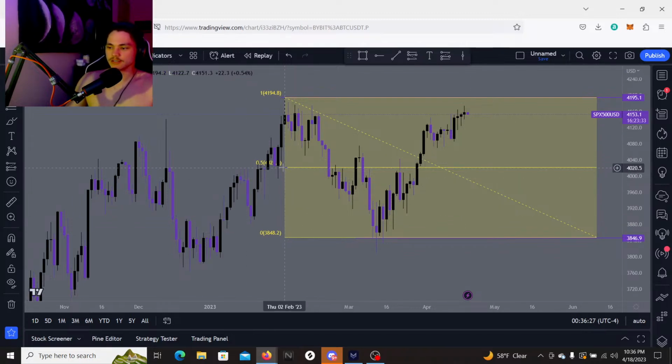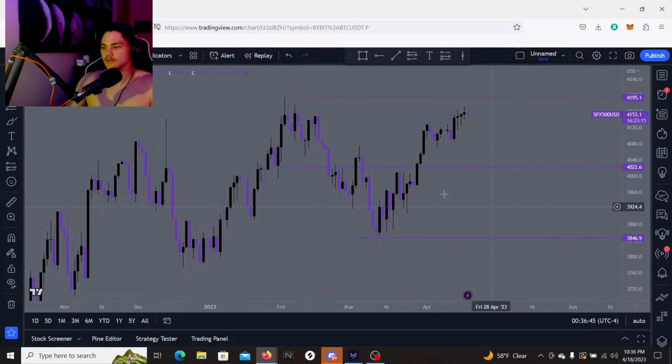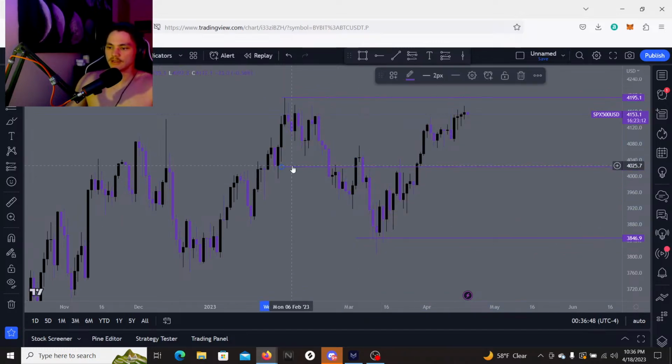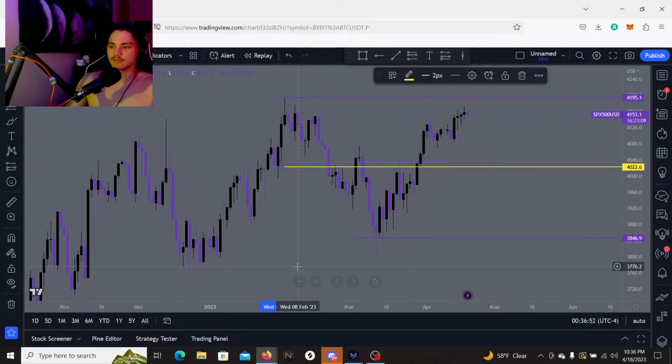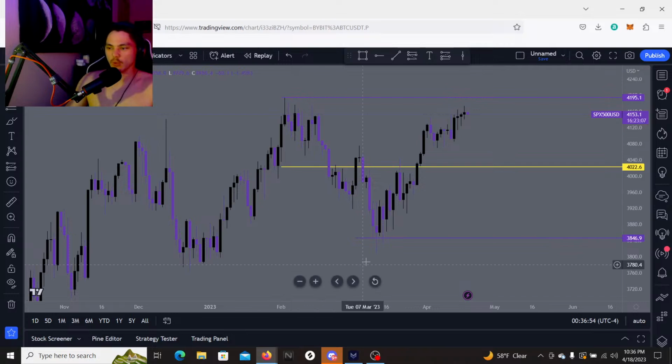We're going to leave a nice ray here at equilibrium just so we know where it is. Equilibrium, we'll change up the color. Make it yellow, a nice bright yellow. Where's equilibrium? It's right here.